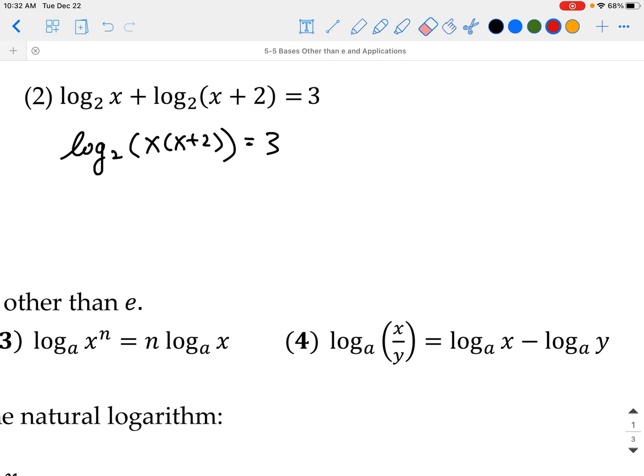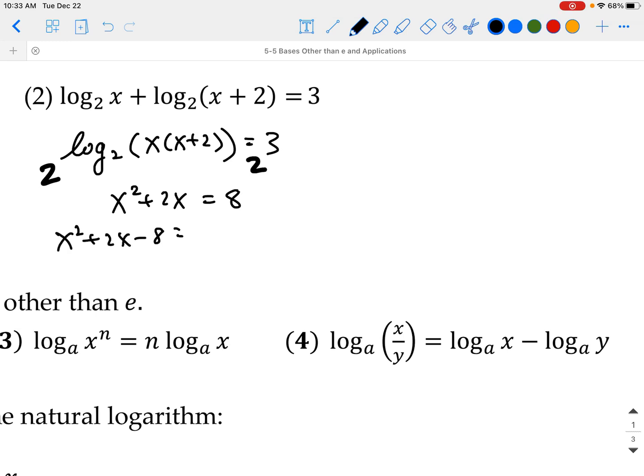Or you could rewrite it as 2 to the third equals that value, which would be an equivalent type of expression. So let's say that we raise both sides as exponents base 2. We're going to get x squared plus 2x, if we distribute the product inside there, equal to 2 to the third, which is 8.